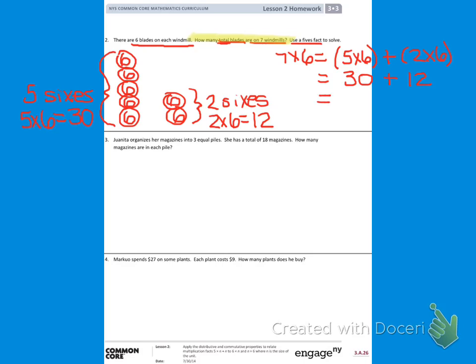Notice that I'm lining up my equal sign, keeping everything directly below the previous line.